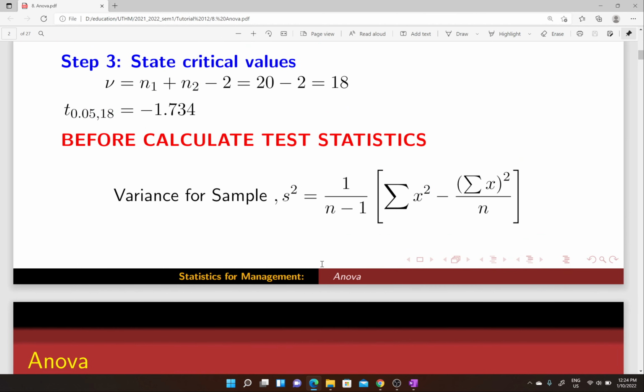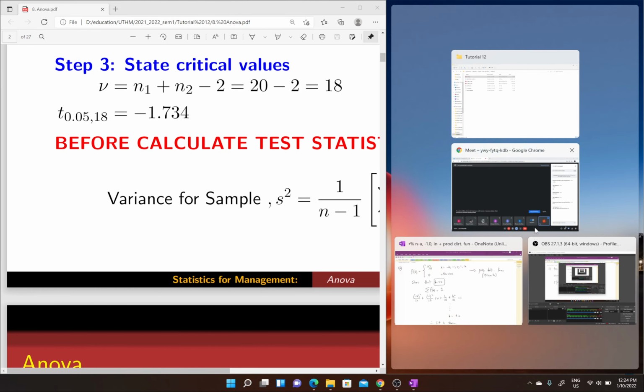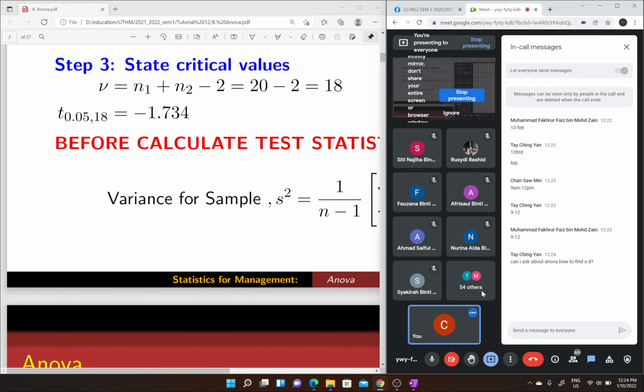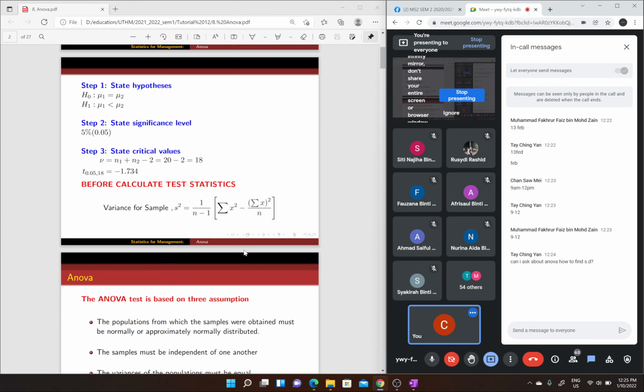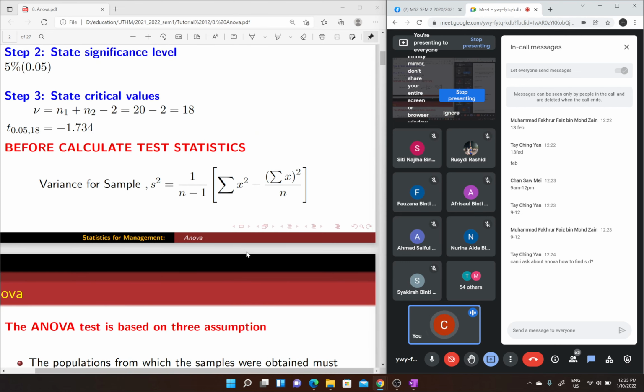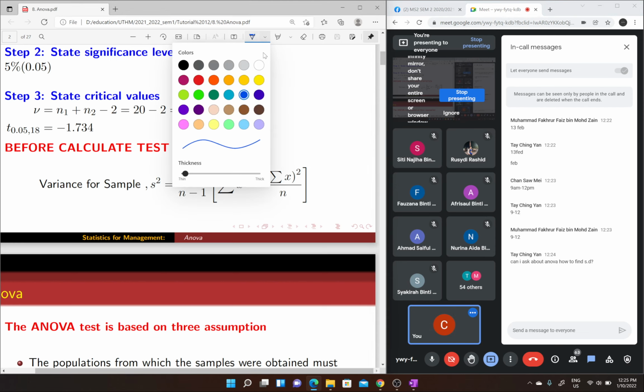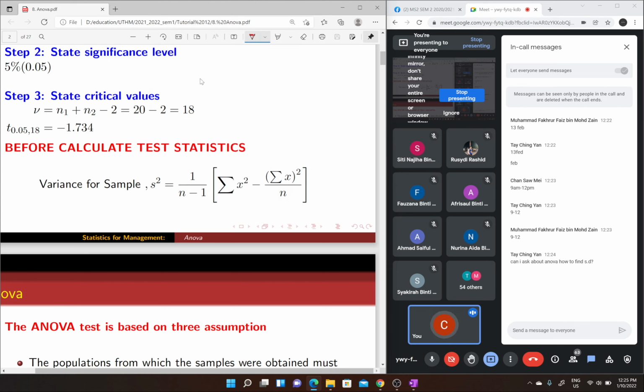You know standard deviation? You may use this formula, or there's another formula also. That one also you can use, either one you can use if you want.